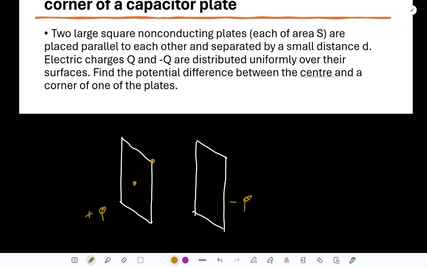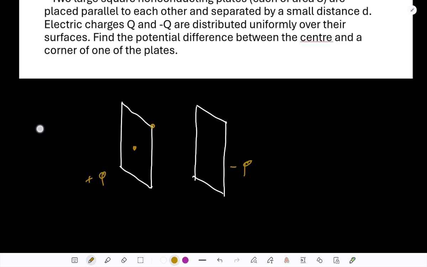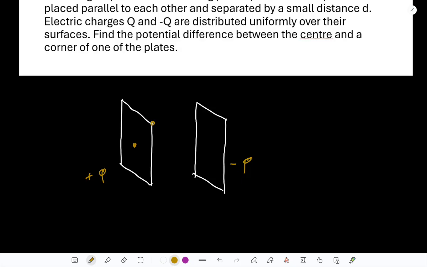So basic things first. We know that the magnitude of electric field between the center of the plates, not just the centers but almost everywhere, but not too close to the edges of the plates, is determined by E equals Q divided by epsilon naught S, that is sigma by epsilon naught.